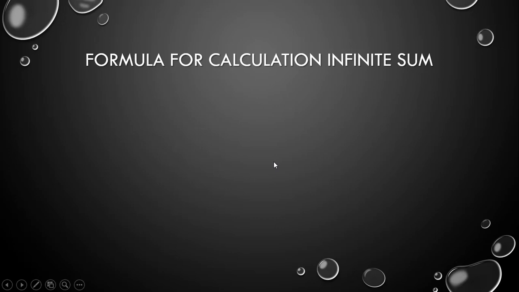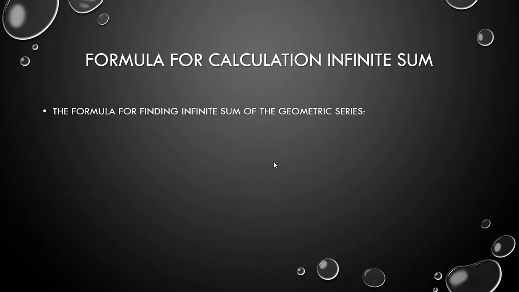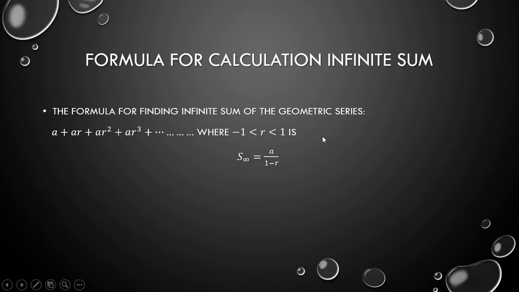So we can say that the formula for finding the infinite sum of the geometric series a, ar, ar square, ar cube plus dot dot dot, where r is in between minus 1 and 1, is S infinity equal to a by 1 minus r.